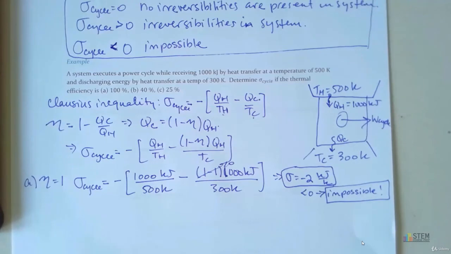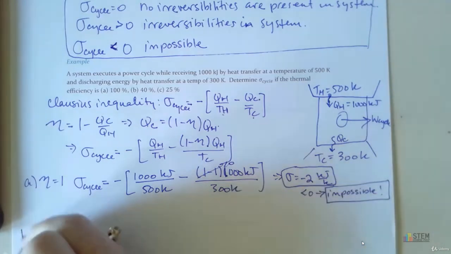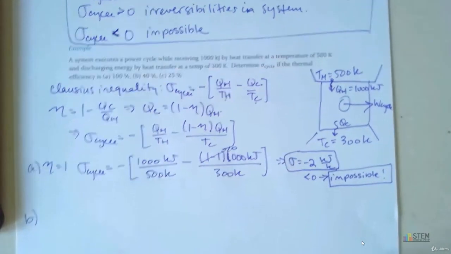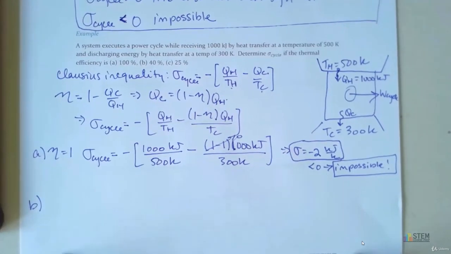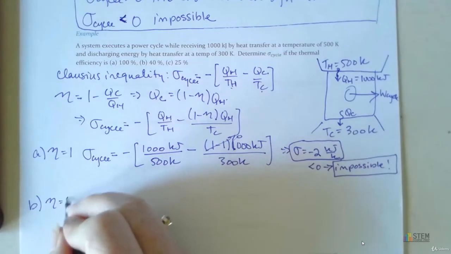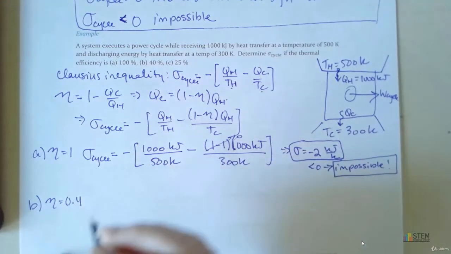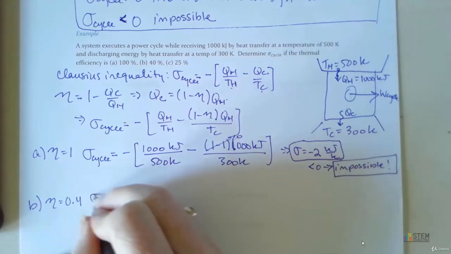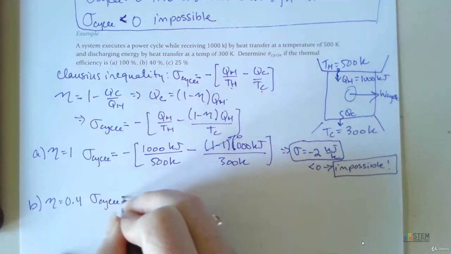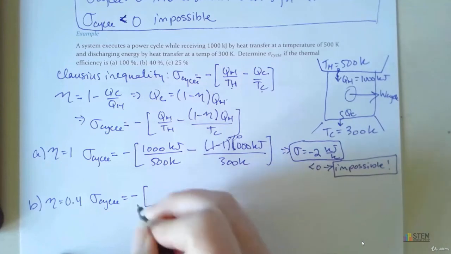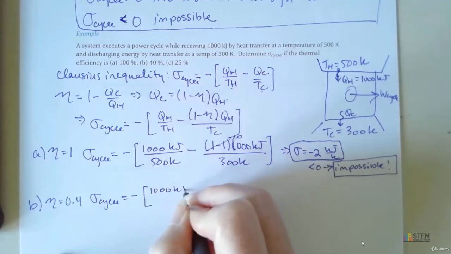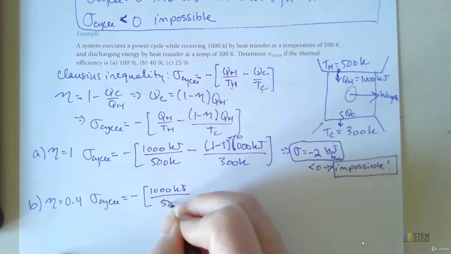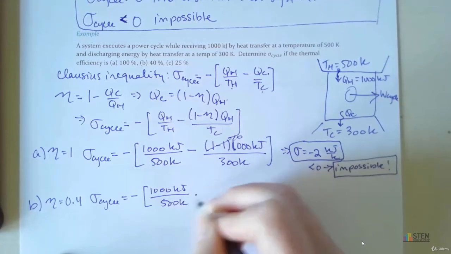That was part A. Now let's see if 40%, let's see if that one's possible. See if we have irreversibilities, what we got. So now our efficiency is 0.4. So we're just going to plug everything into this equation again. So we get negative 1,000 kilojoules per 500 Kelvin.